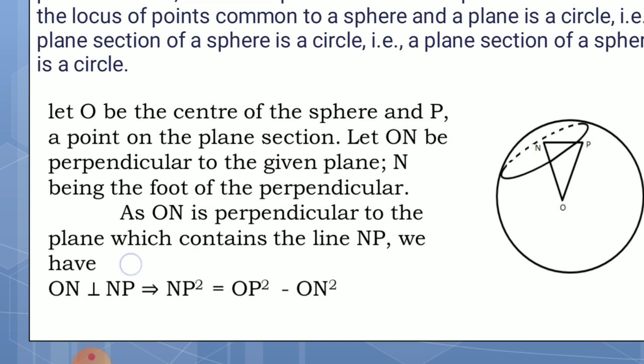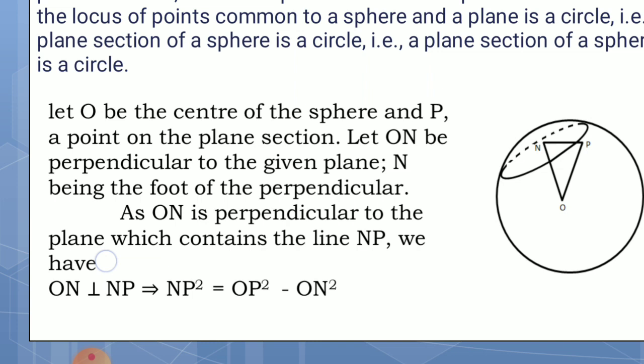That means OP square is fixed, that is constant, minus ON square is also fixed. Therefore, OP square minus ON square is a constant. That means this distance NP is also constant.